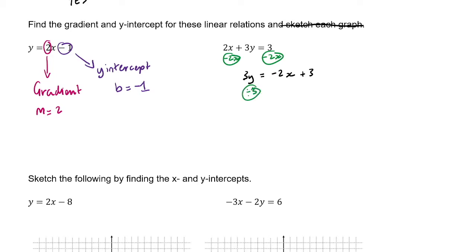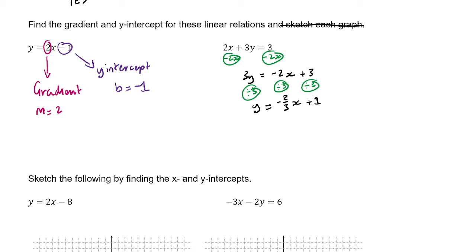And when I say divide everything, I really do mean divide everything. Alright, so now we have y, because we've cancelled out those 3's. Then we've got -2 over 3 x plus 1.